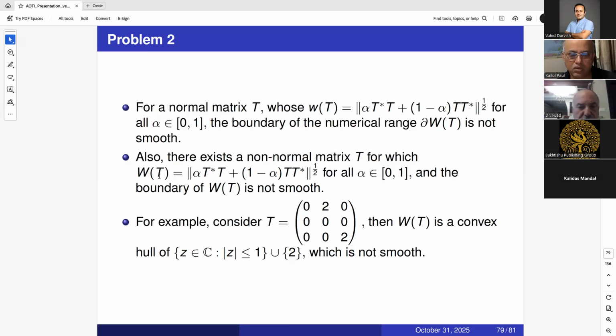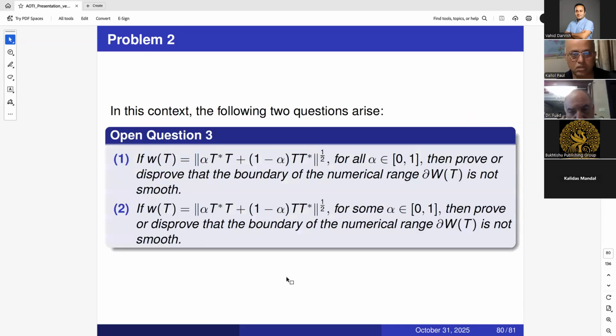If you look at this example, 0, 2, 0, 0, and then 2, it looks like this. So this is not smooth. So in this context, the question is: what can you say about the boundary if this relation holds? Whether the boundary of the numerical range will be smooth or not. This is another question that I wanted to discuss.